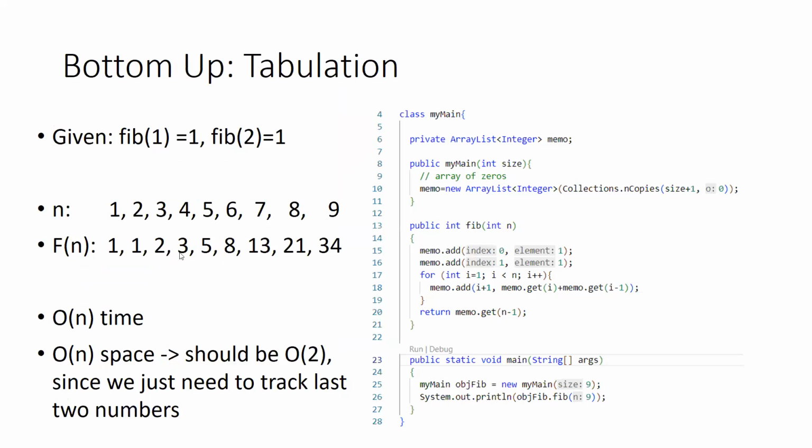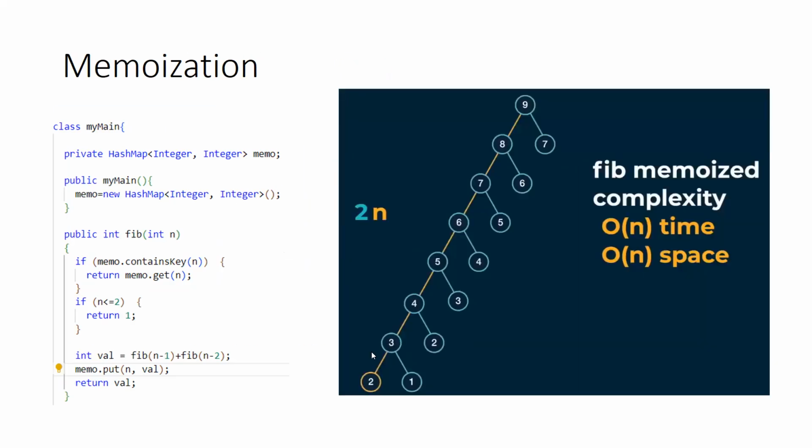While I'm calculating that, I will keep adding those Fibonacci numbers at n equal to 1 and 3 in my hash table. Okay, and so once I encounter this 2 again, I know that I already have this record of Fibonacci of 2, which is 1.